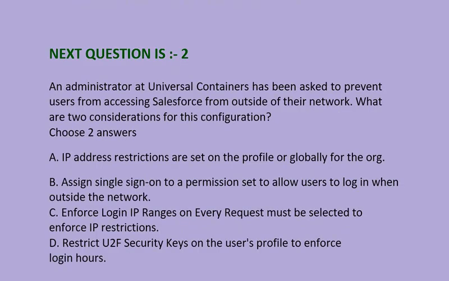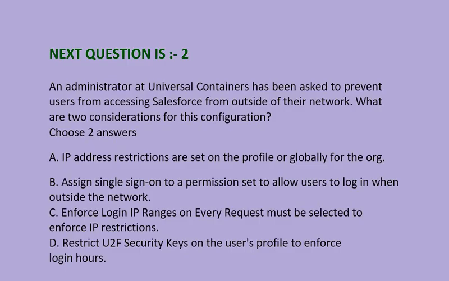Question is: An administrator at Universal Containers has been asked to prevent users from accessing Salesforce from outside of their network. What are two considerations for this configuration? Option A. IP address restrictions are set on the profile or globally for the org.